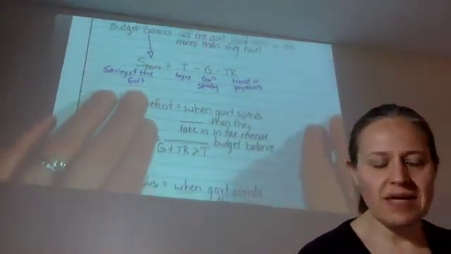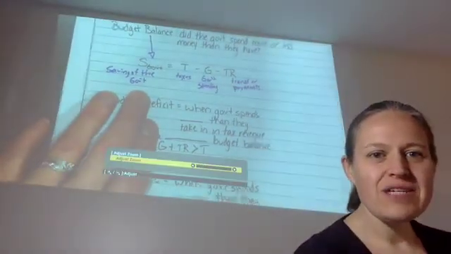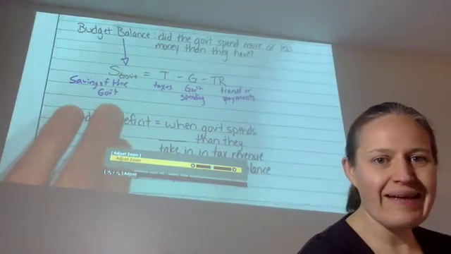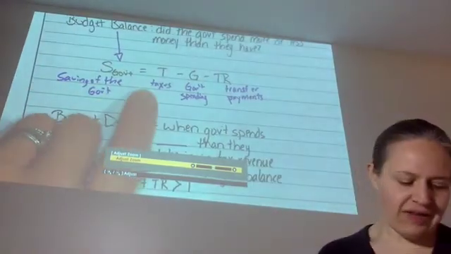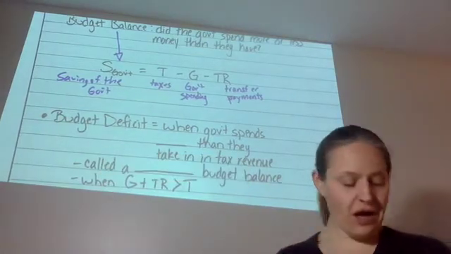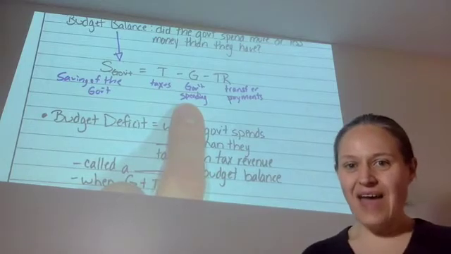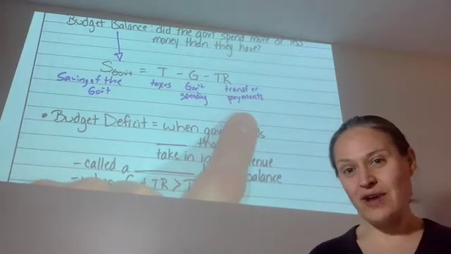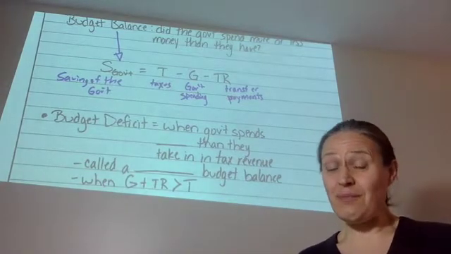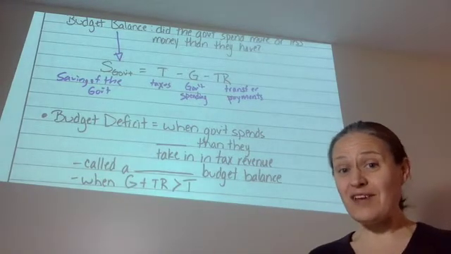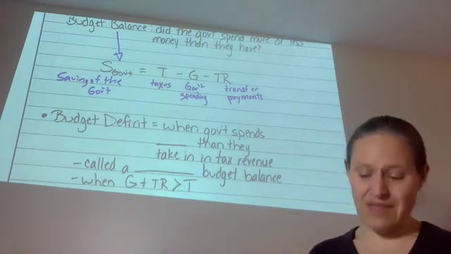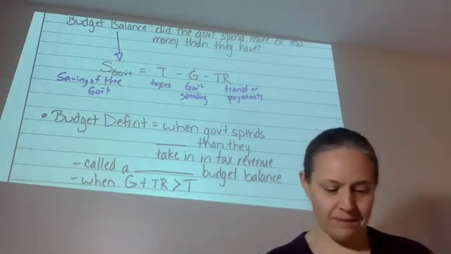So for the budget balance, or any money that the government has, you take the amount of tax money that they got, the money they took in, you subtract the money they spent, and you subtract the money that they sent out as transfer payments. And whatever is left, if there's any money left over, that means they have a positive budget balance. And if they don't have any money left over, they can actually go negative, then that's a negative budget balance.